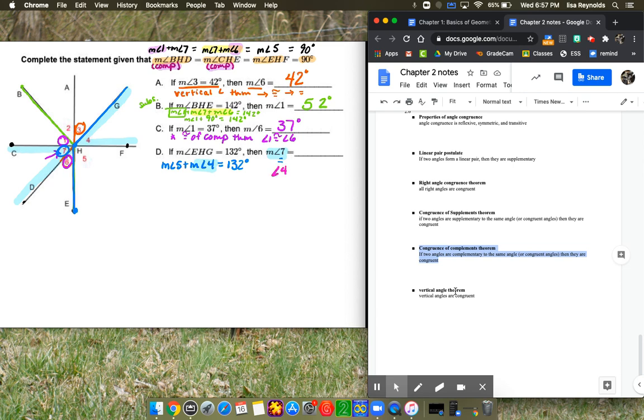So angle 4 and angle 7 are vertical angles, and according to my theorem, angle 4 will be congruent to angle 7, so they're going to have the same measurement. So this means that I can actually use my measure of angle 5 to help me calculate the measure of angle 7.